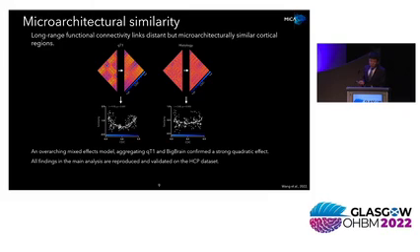That means long-range functional connectivity may link spatially distant but microarchitecturally similar cortical regions. An overarching mixed effects model aggregating QT1 and BigBrain histology data confirmed a strong quadratic effect. And finally, all these findings in the main analysis are reproduced and validated on the HCP dataset.